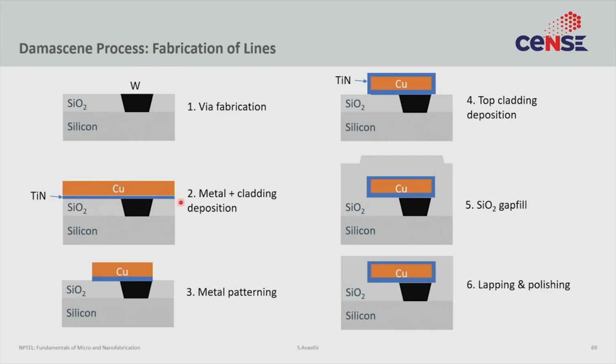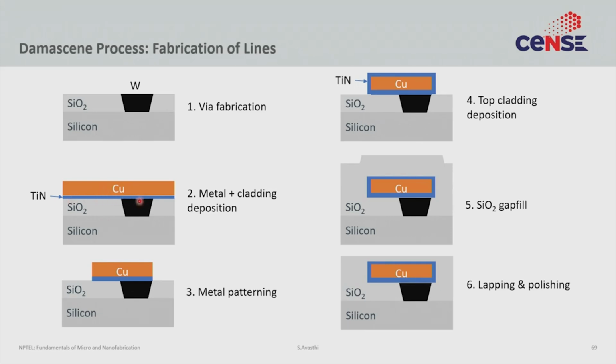Titanium nitride is so dense and such a high temperature material that it does not allow too much diffusion. And the thickness of this titanium nitride is selected such that for the thermal budget, the time and the temperature that you expect in the remaining part of this process, the copper would not be able to penetrate the titanium nitride to reach silicon dioxide and silicon, and that is how you protect it.